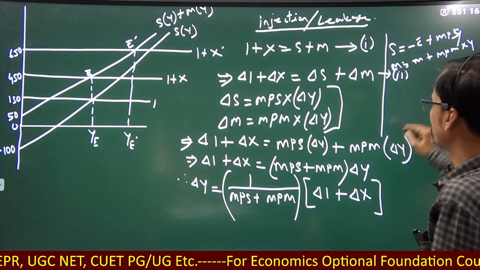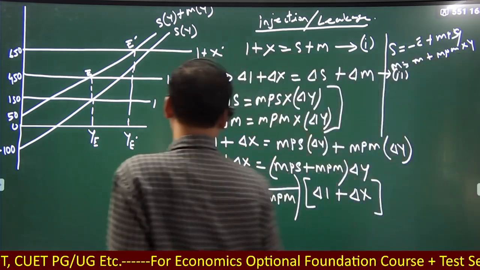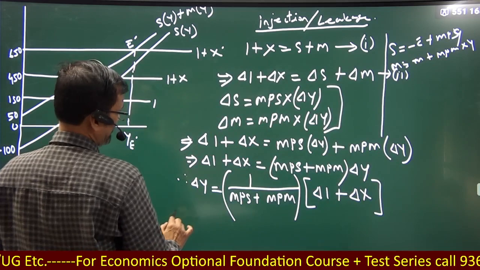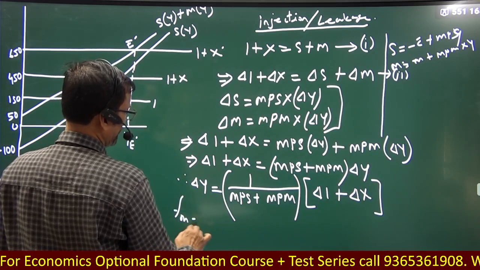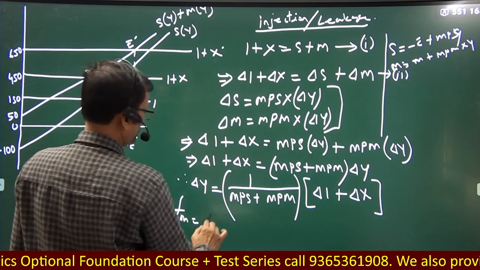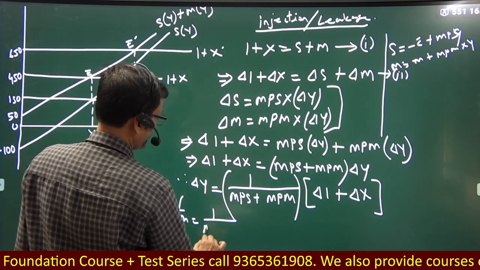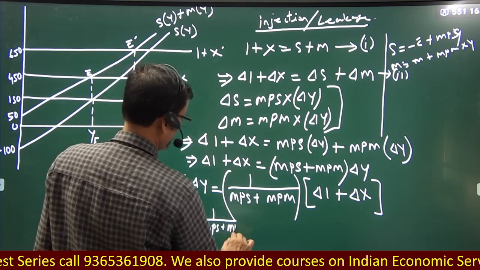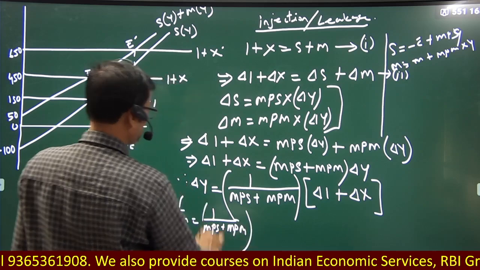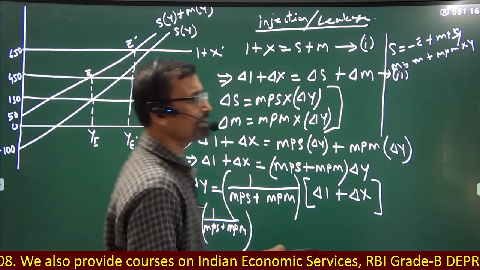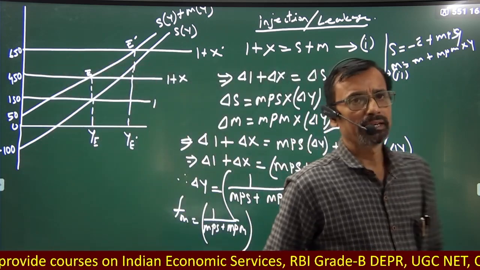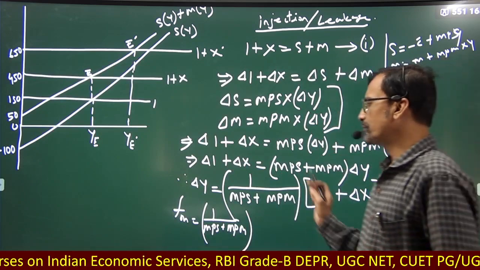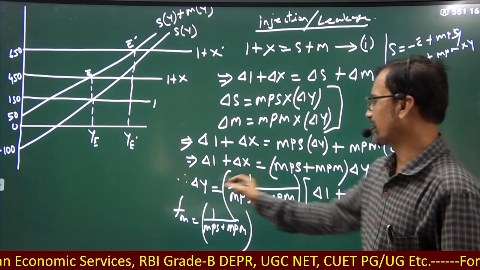So this is the multiplier value, simple: 1 by MPS plus MPM, which is the foreign trade multiplier value, say FM. If there is any change in export, it will bring about a change in income.